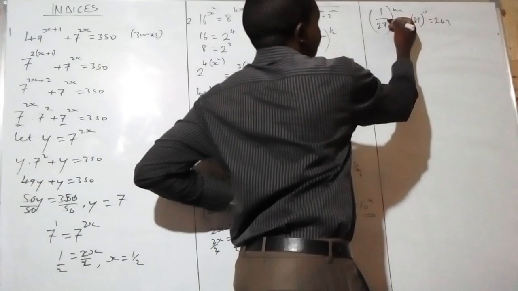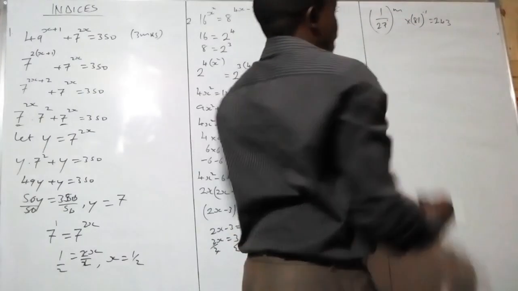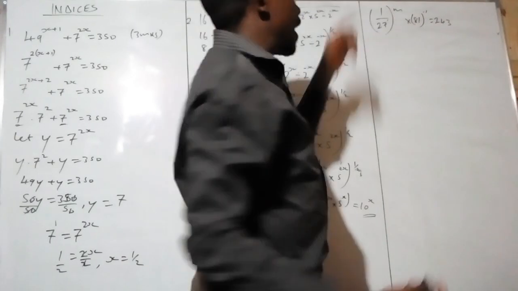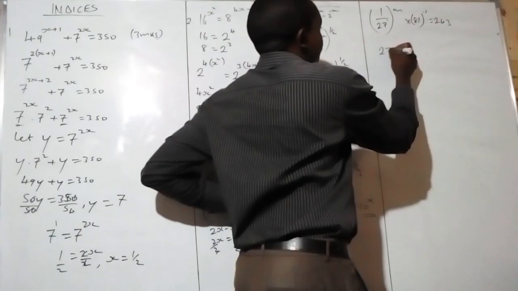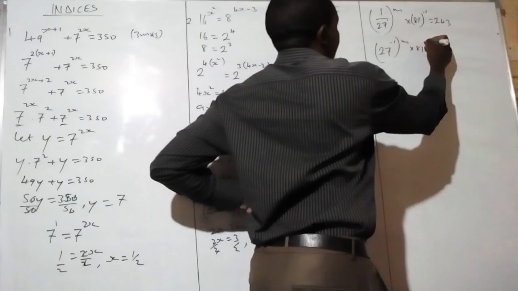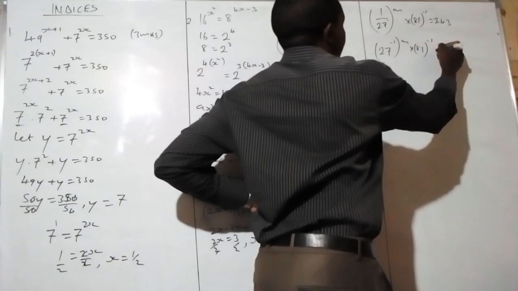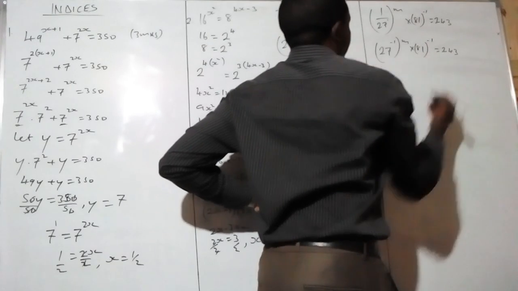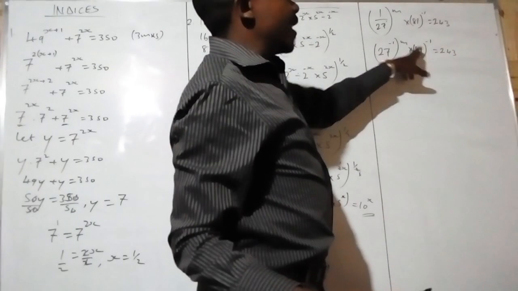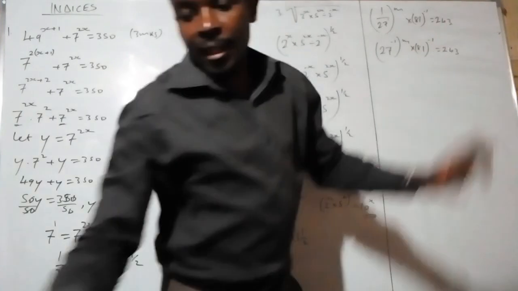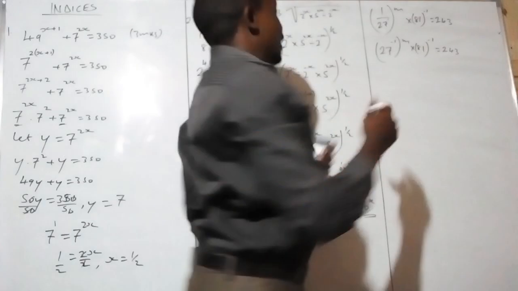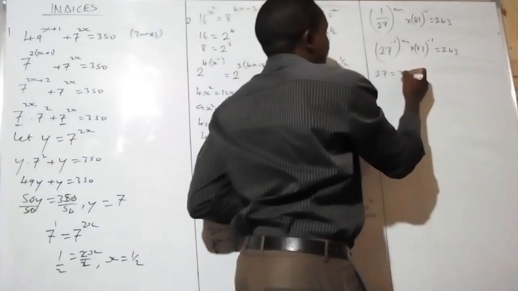Once you reciprocate, the power changes from positive to negative. Like this, 27 raised to power negative 1, in bracket m, times 81 in bracket raised to power negative 1, is equal to 243. We are going to express 27, 81 and 243 to base 3. 27 is the same as 3 cubed. 81 is the same as 3 raised to power 4.